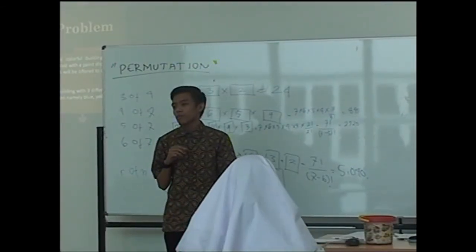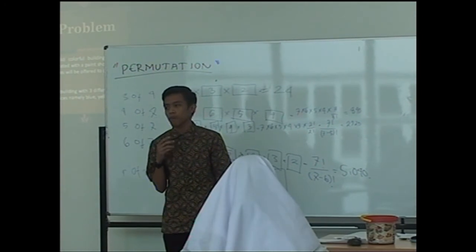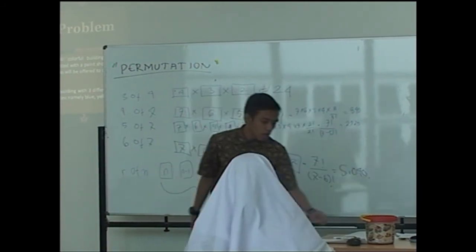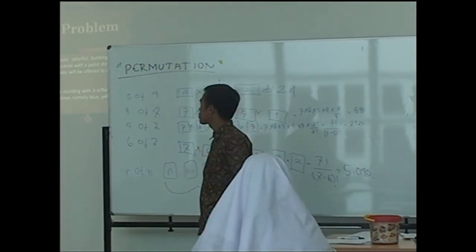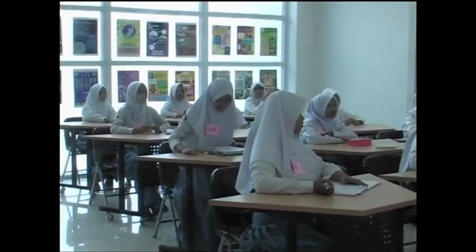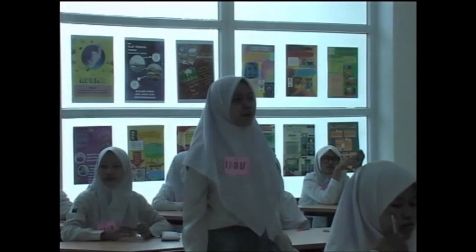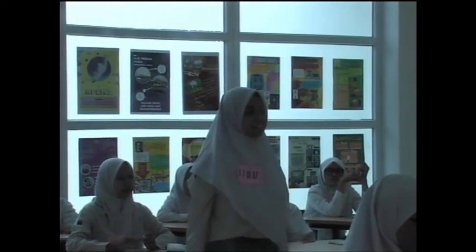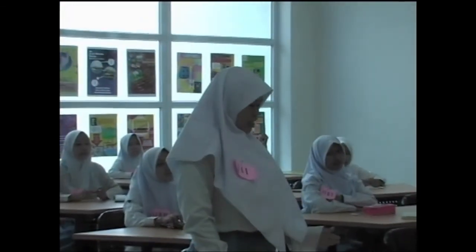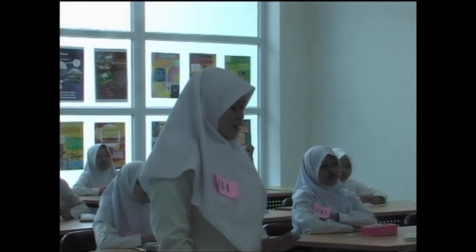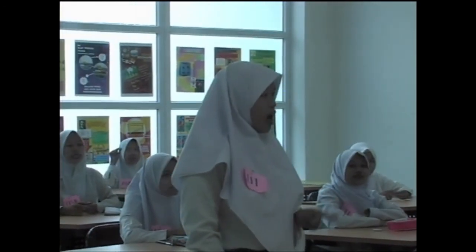Okay. Now, what can you tell about the permutation from the material that you just learned today? Me, sir. Okay, please. Permutation is the rearrangement of the elements of a set by ordering, sir. Okay, that's right. Any other? Okay, please. To evaluate the permutation of R from N is equal to N factorial over N minus R factorial.